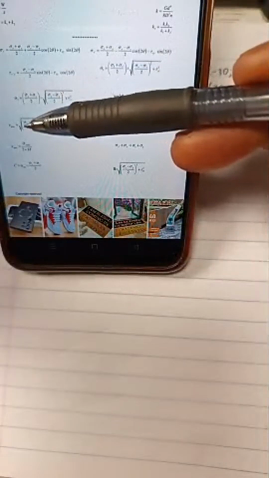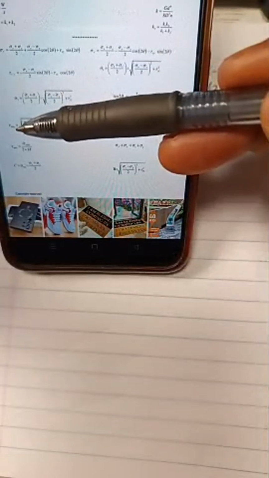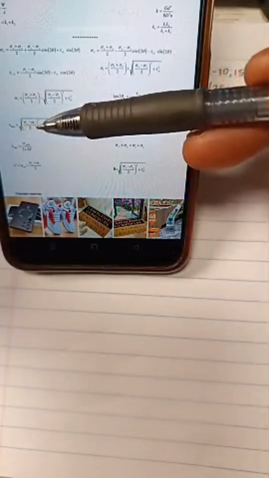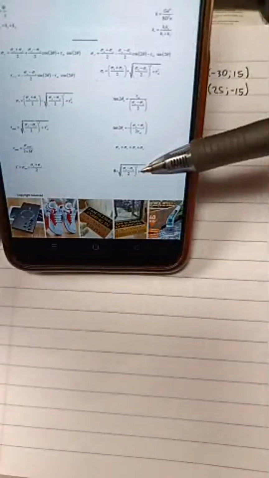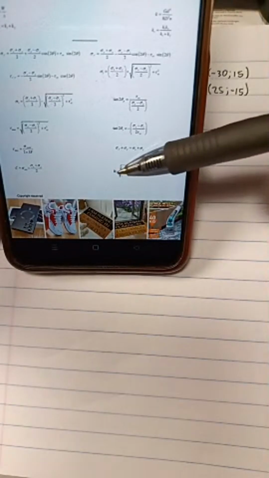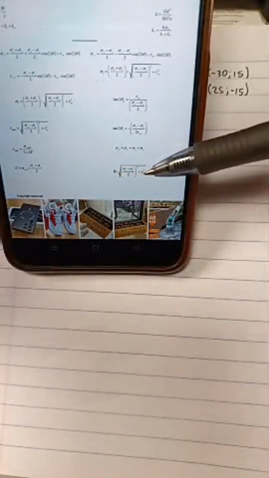Meaning that if you have this, you may ignore the square root and just use that value. And this is stress maximum, shear stress maximum, which is the same as the radius of a Mohr circle, because that's the radius of the Mohr circle. This is not resultant, it's radius. This R is for radius, not resultant, okay?